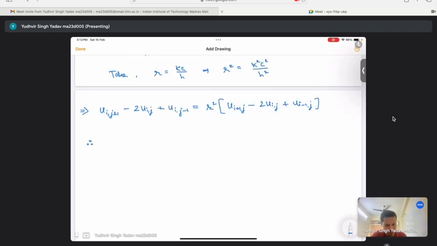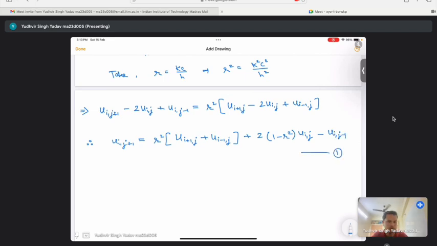Or we write the term at the j plus 1 time level on the left hand side and take all the other terms on the right hand side. I will get u_{i,j+1} = r square (u_{i+1,j} + u_{i-1,j}) + 2(1 - r square) u_{i,j} - u_{i,j-1}.